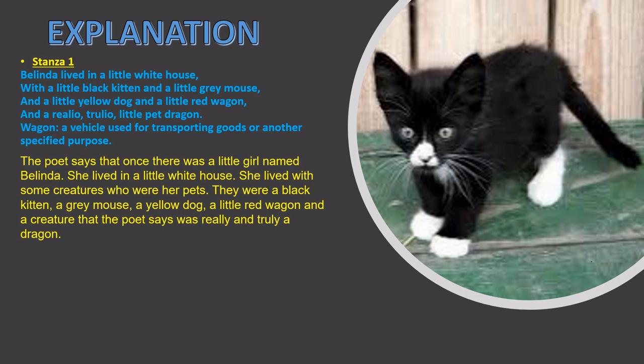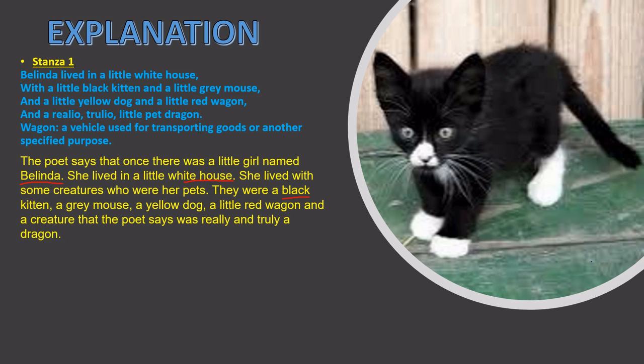In this stanza, the poet says that once there was a little girl named Belinda. What was the name of the girl? Belinda. And she lived in a little white house. She lived with some creatures who were her pets. And who were the creatures?